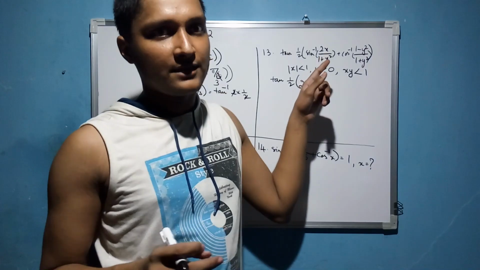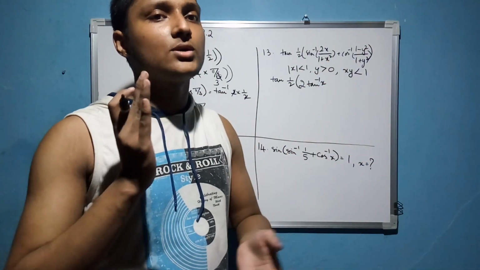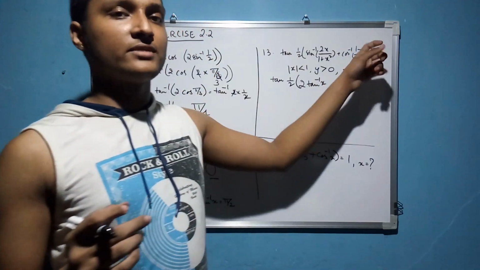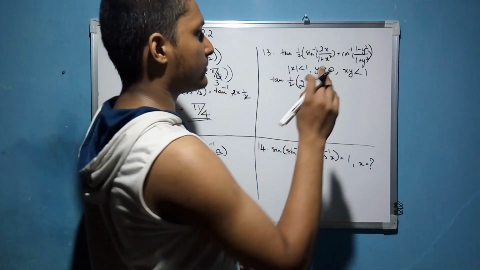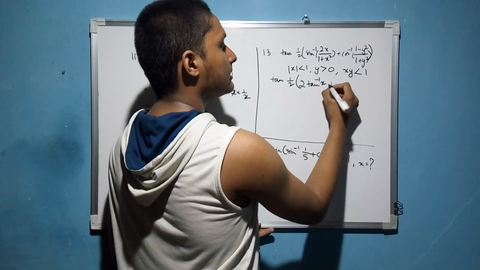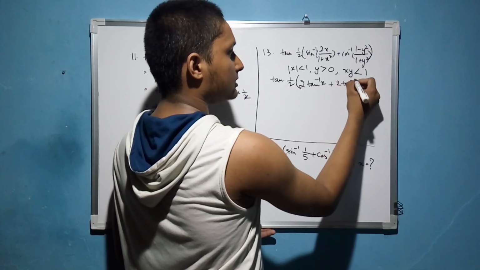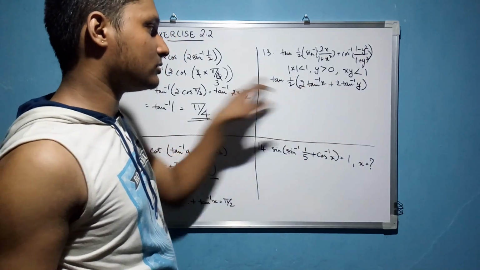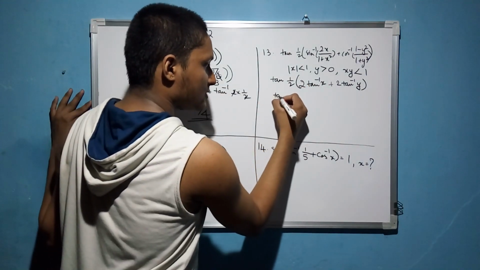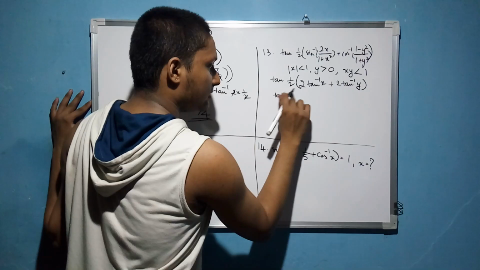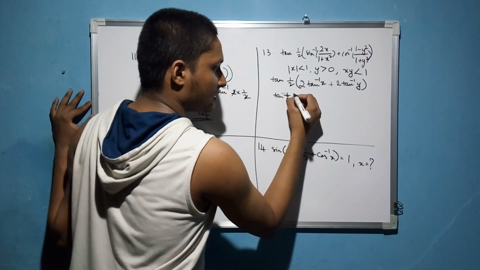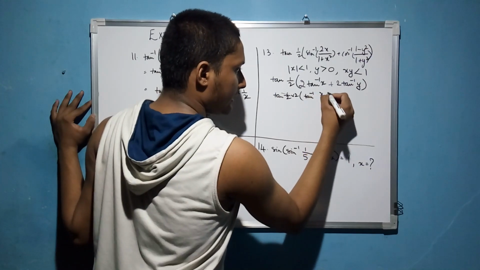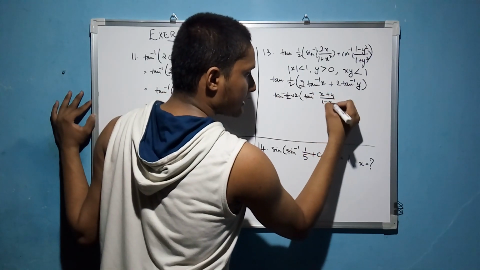Whenever that variable is positive, cos inverse of that turns up to be 2 tan inverse of that. Now this 2 and this 2 I'll take out. This comes to be tan of half into 2 tan inverse of x plus y divided by 1 minus xy.